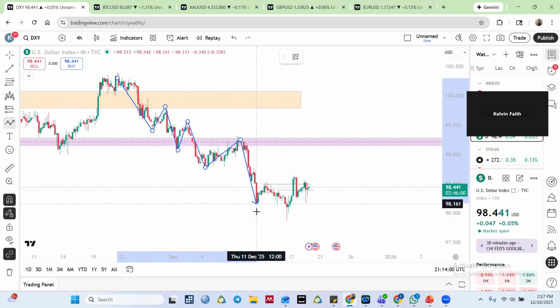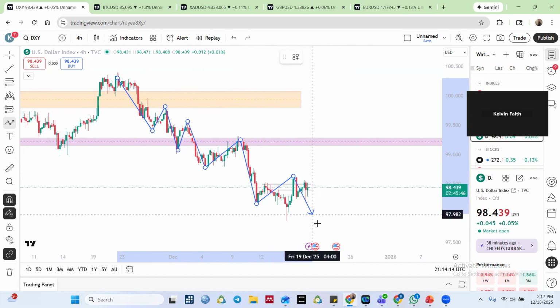So I'll just put lower low, and then currently, because this has been taken out, we are seeing a lower high.